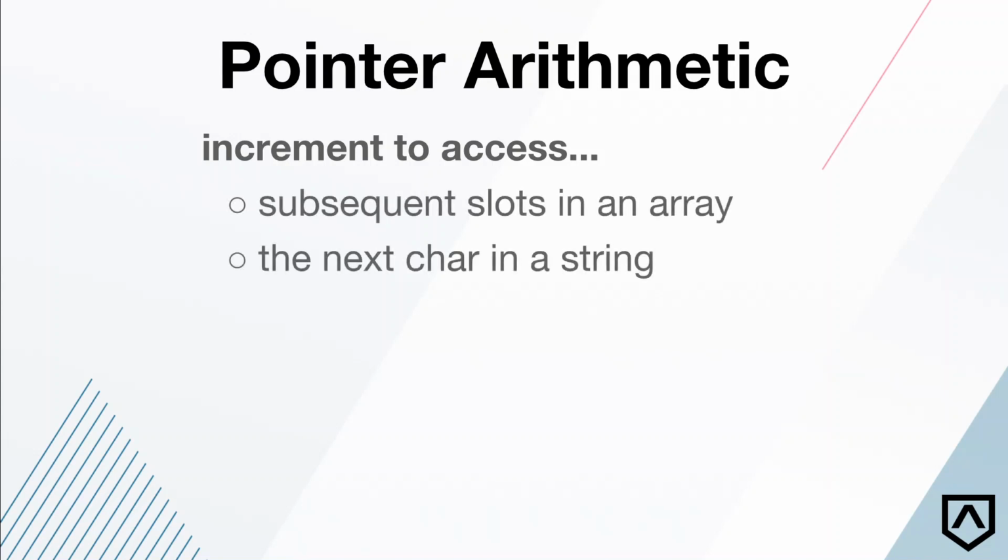Same thing if you're working with an array. The pointer to your array is actually just pointing to the first element, so if you want to do something with the second element, the third element, the last element, you're going to need to increment that pointer. And this is something that we can do. All right, what else can we do?